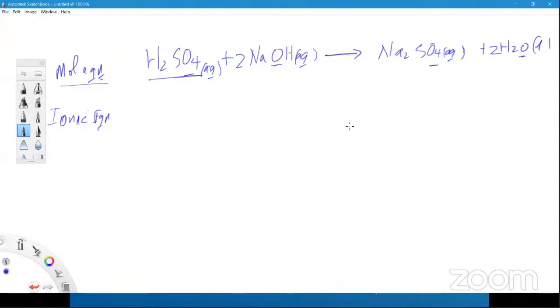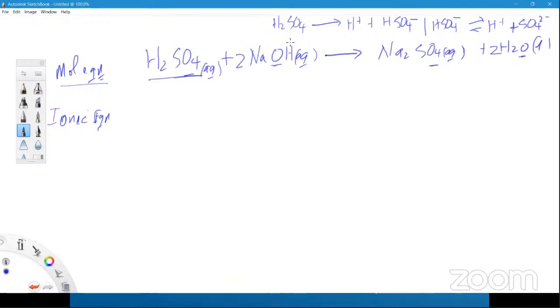Remember I said that sulfuric acid, the first dissociation is strong. H2SO4 will undergo first dissociation, which is H plus and HSO4 minus. And then the second dissociation is weak. Draw a line here to separate it. HSO4 minus forms H plus and SO4 2 minus, right?